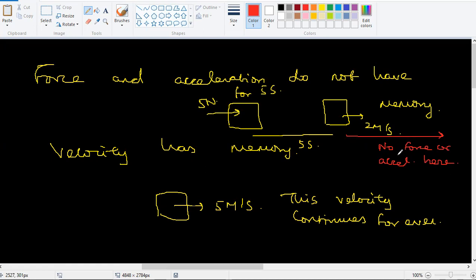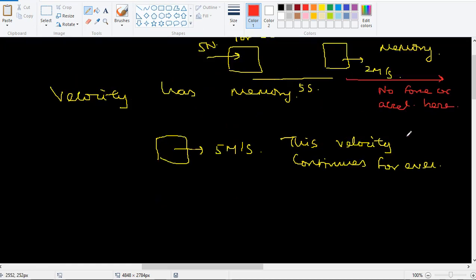So very important concept, so take it down. So 10 seconds earlier, if I had applied 5 Newton force, that really does not matter here.